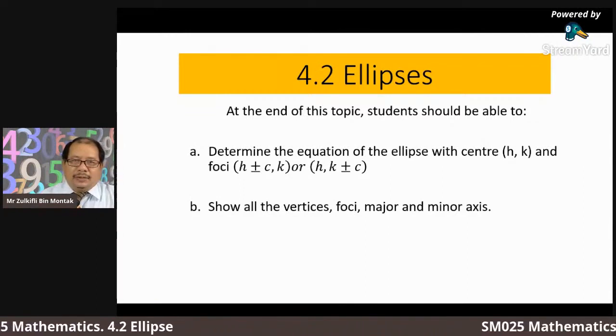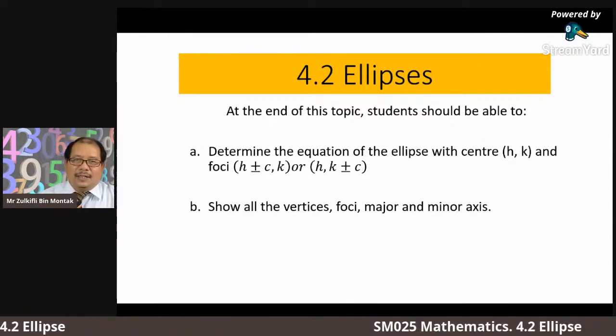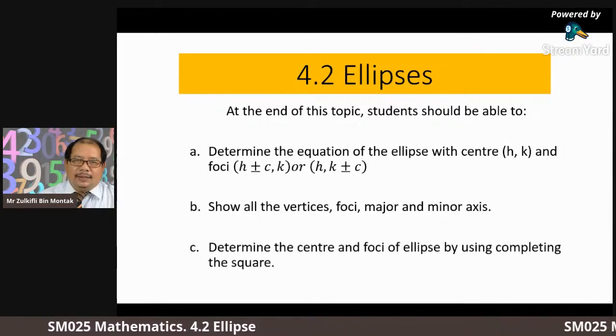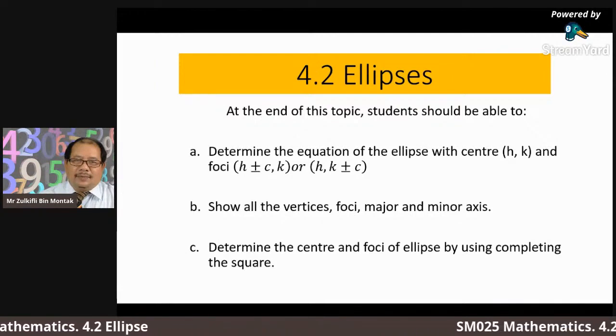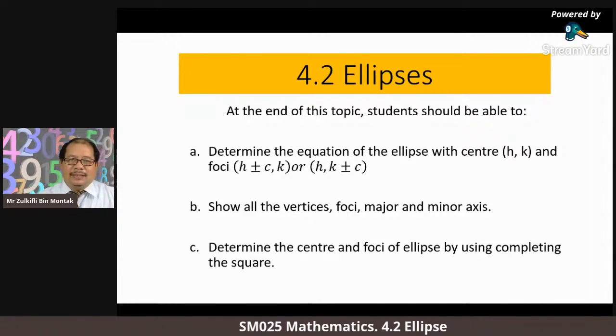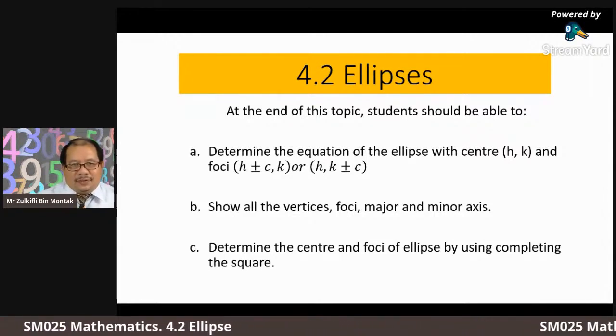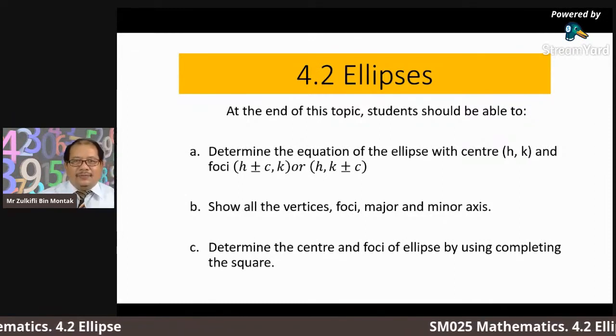Second, show all the vertices, foci, major and minor axis. And third, determine the center and foci of an ellipse by using completing the square. I hope we can achieve all three objectives for today.